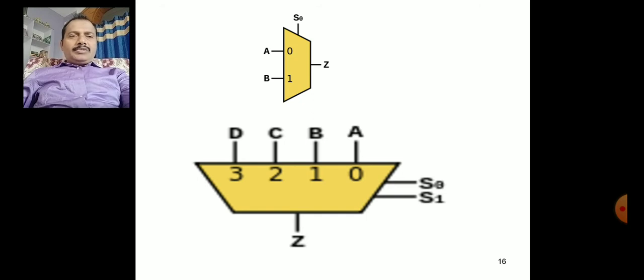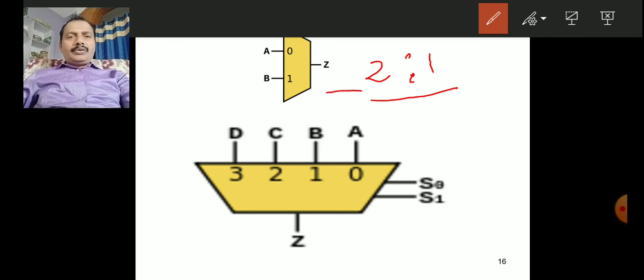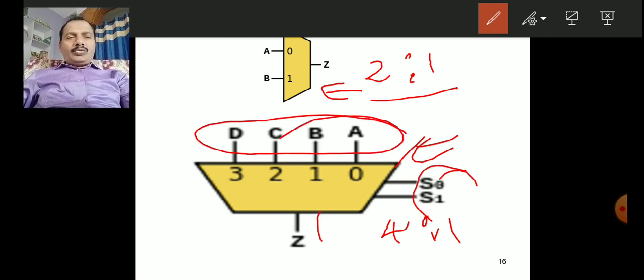So observe here, this is the 2 to 1 multiplexer. You can draw like this. This is the 4 to 1 multiplexer. You can draw like this, 2 select lines, 4 inputs, and 1 output.